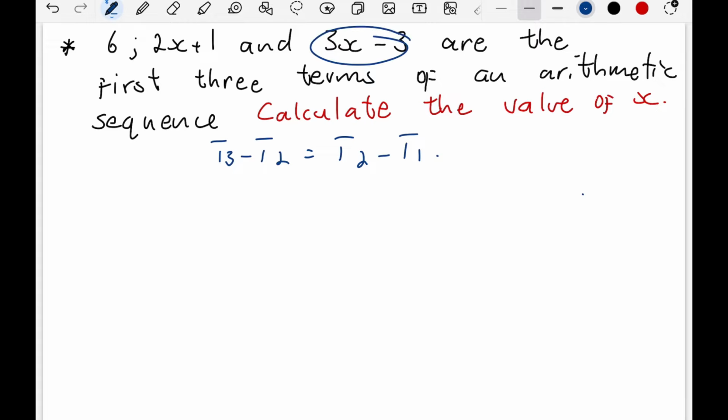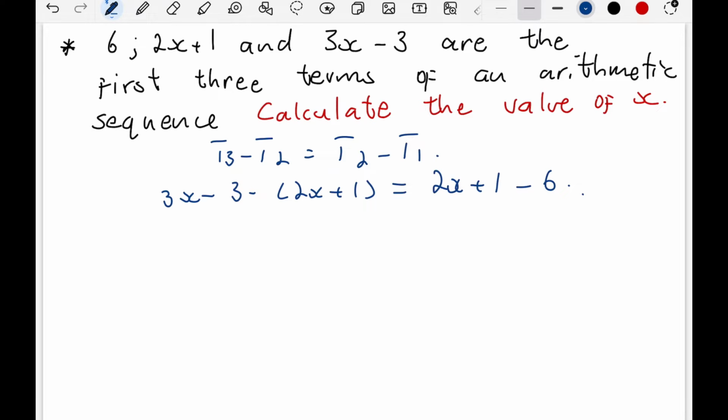In our case, term 3 is 3x minus 3, while term 2 is 2x plus 1. That should be equal to term 2, which is 2x plus 1, minus term 1, which is 6. Solving this equation, we get 3x minus 3 minus 2x minus 1 is equal to 2x minus 5.